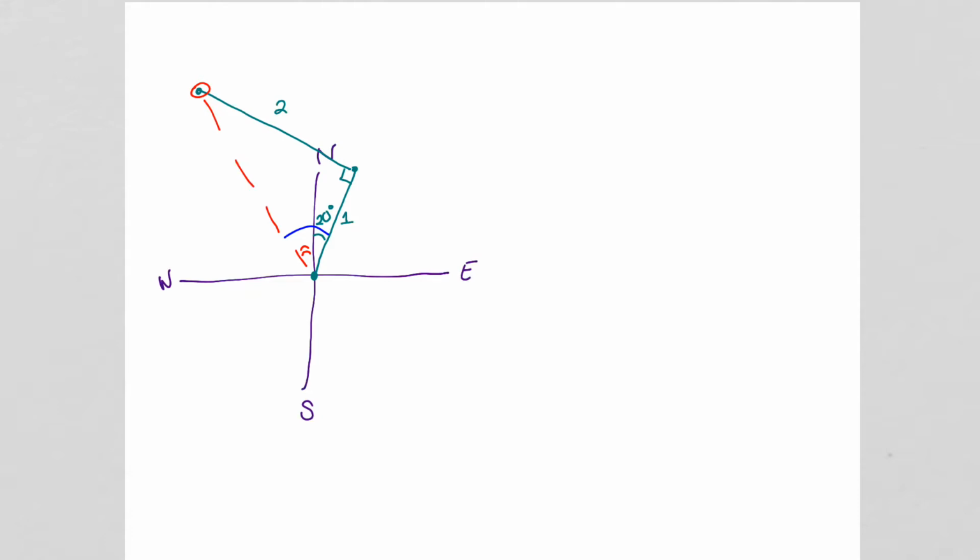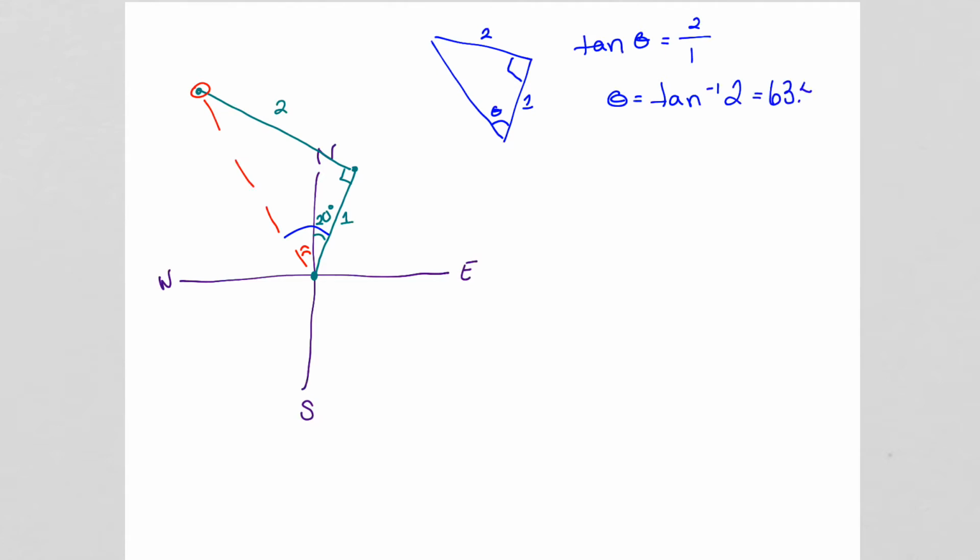The reason I say we can find the measure of that angle is because that is our right triangle there, where this side is 1 and this side is 2. So we can use tangent, we'll call that theta, that's opposite over adjacent, to find the measure of that angle. So we're finding the inverse tangent of 2. And so this angle is 63.4349 degrees.